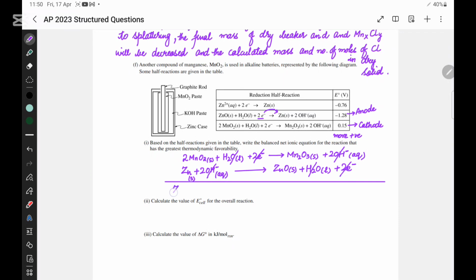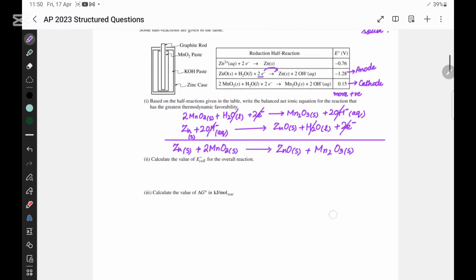So the remaining equation would become Zn solid plus 2MnO2 in solid state, forming ZnO in solid state plus Mn2O3 in solid form. So this is going to be the net ionic equation.